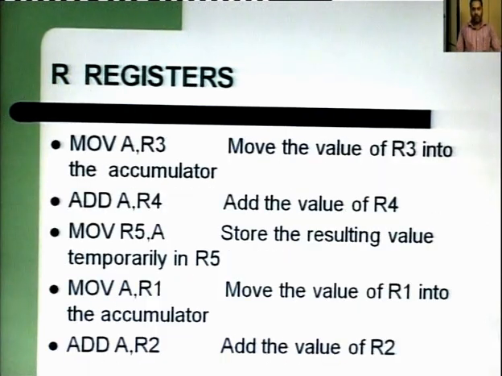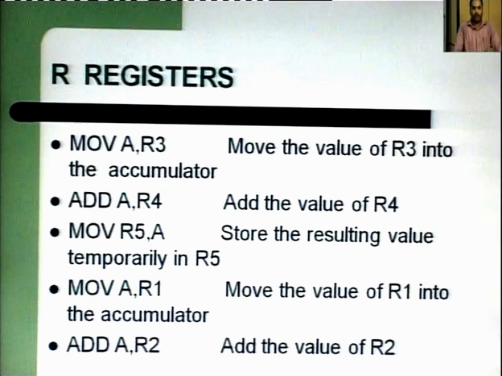Now, let us have a look at the operations of the accumulator and registers. In this first example, MOV A, R3, the contents of register R3 of the selected bank are copied to the accumulator. In the next example, the contents of register R4 of the selected bank are added with the number in the accumulator, and the result is stored automatically in the accumulator.